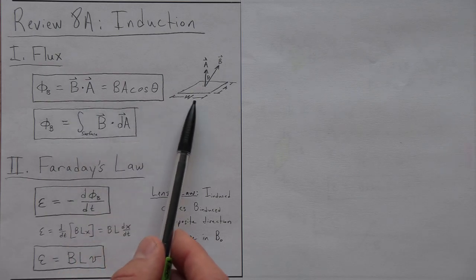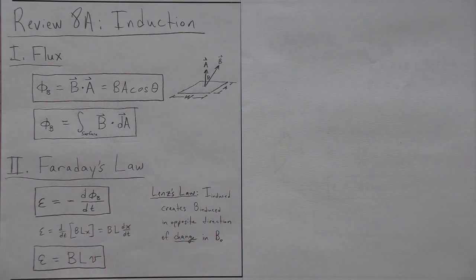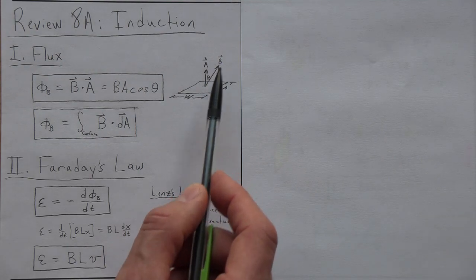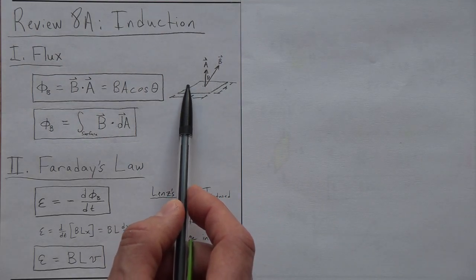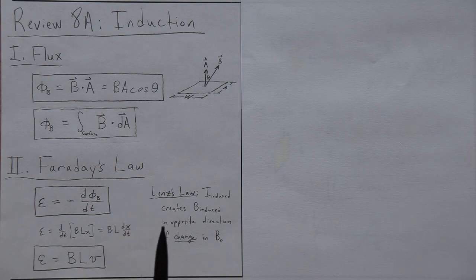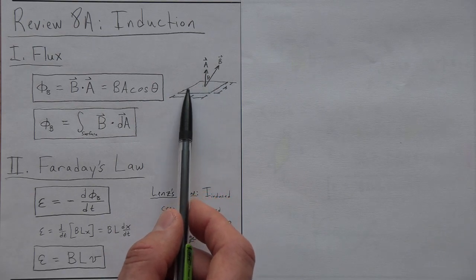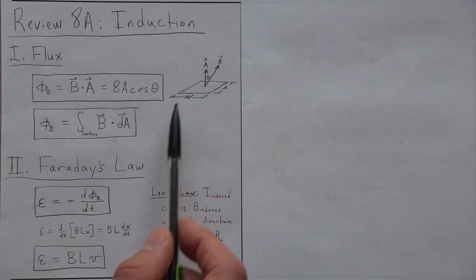Now, sometimes the magnetic field is not constant over the area. Very often it isn't. For example, maybe we've got a lot of magnetic field here and then a very small amount over here. So to find the flux, you cannot use B times area because B is a function and there are multiple values of B throughout the surface.